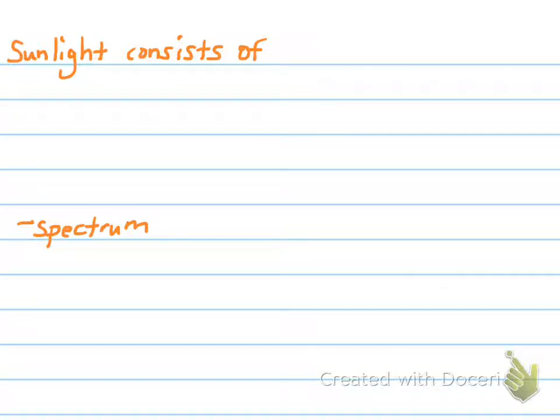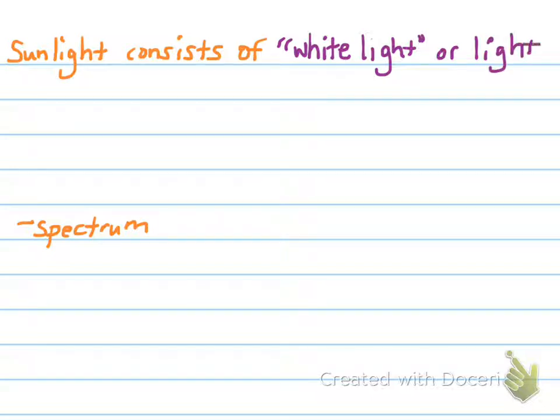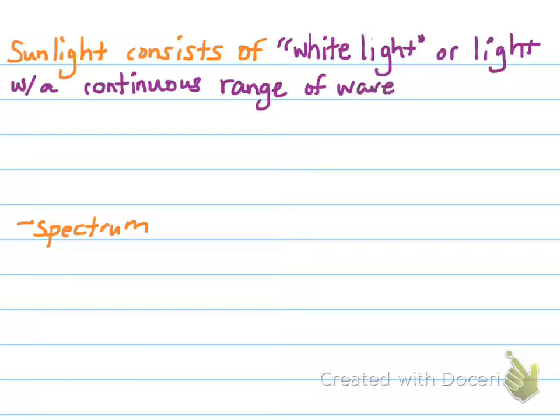So, sunlight consists of white light, or kind of the definition of white light is that it is light with a continuous range of wavelengths and frequencies.